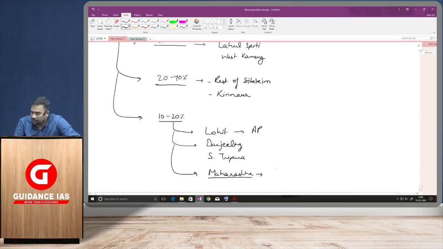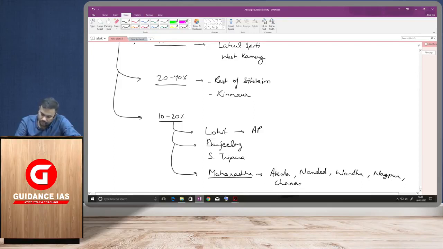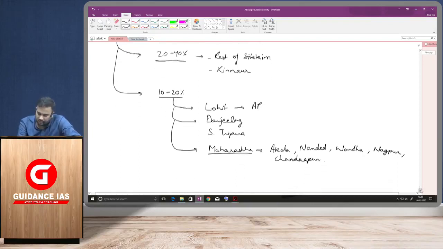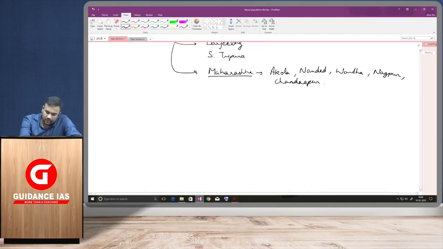A number of areas of Maharashtra like Akola, Nanded, Wardha, Nagpur, Chandrapur. Okay? So again, it is an area associated with the Ambedkar movement. So here it was 10 to 20%.